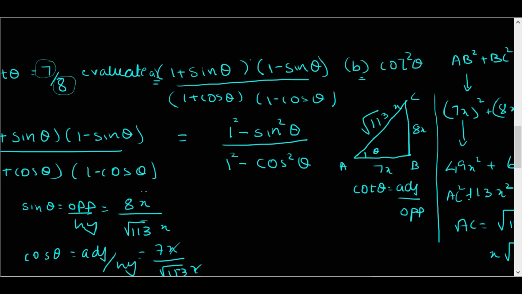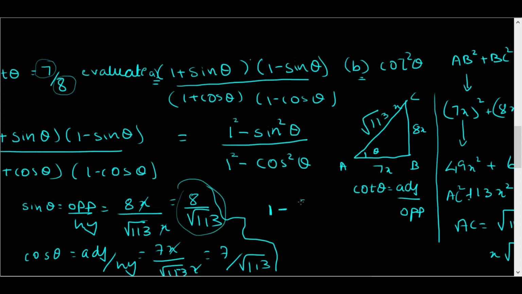This gets cancelled and this gets cancelled. So this is 8 by root 113. This is 7 by root 113. Now over here, I have 1 minus sine square. So square of this. So 1 minus (8 by root 113) whole square by 1 minus (7 by root 113) whole square.